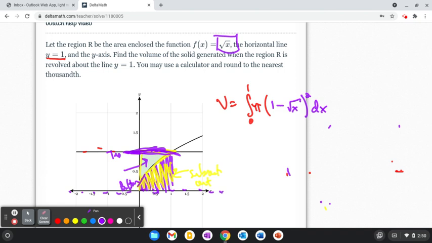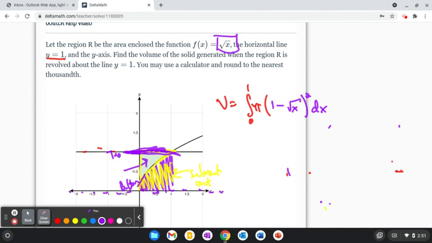Okay, so there's our setup, and let's go ahead and type that into y1, pi. You can also pull the pi out if you want to and just multiply it at the end, but I think it's easiest to just type it all in your calculator at the same time. 1 minus square root of x, squared, graph it, second calc, number 7, integral from 0 up to 1.